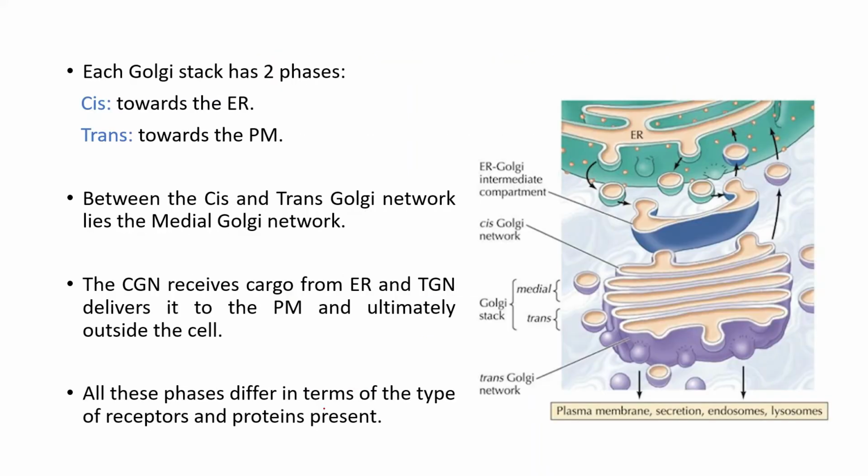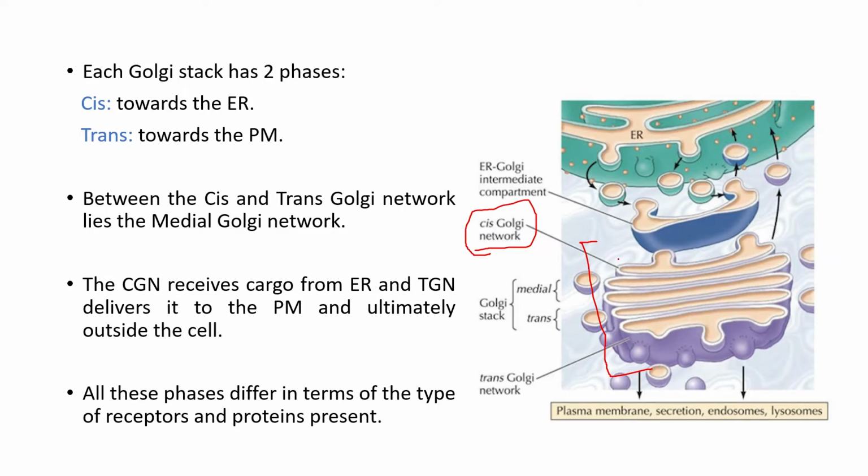Now, each Golgi stack, not cisternae, I am talking about the stack here. So this is one complete stack. Each Golgi stack has two phases. One is the cis phase, which is towards the ER. So here can you see the cis-Golgi network?